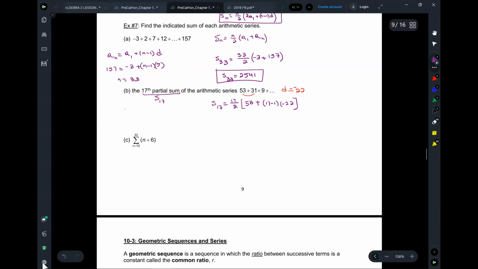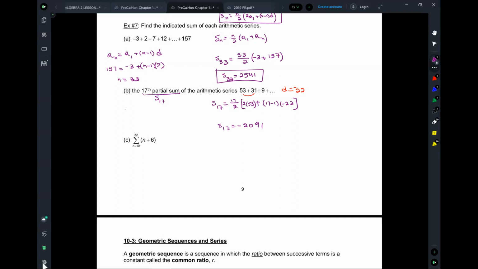Oh, sorry, it's 2 times 53. I'm sorry, I forgot the formula. I haven't used it in 3 years because I didn't teach it in 2020 or 2021 over Zoom. So 2 times 53. Okay, thank you. So S sub 17 is -2091. Does that make sense that it's a negative number? Yeah, because the numbers are all going to be negative.